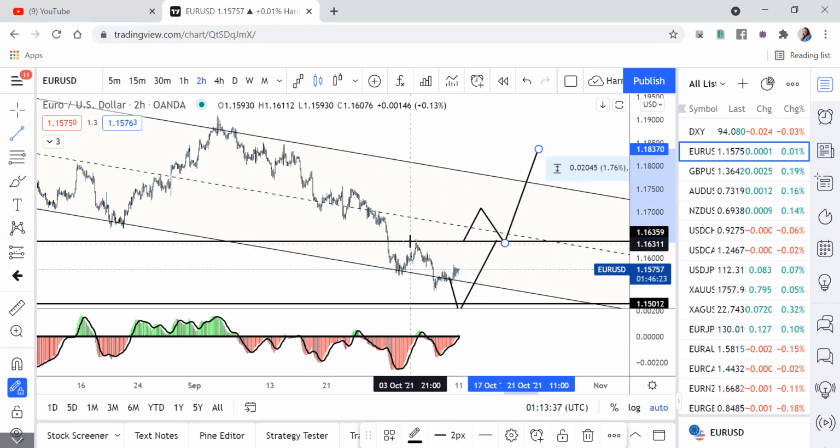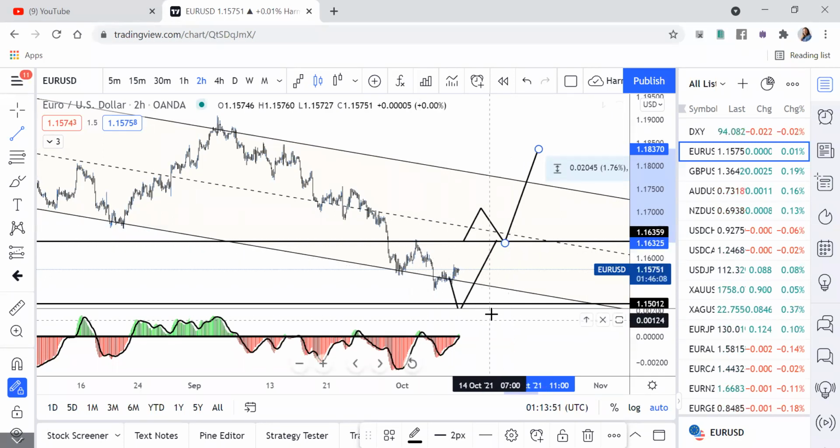So if I'm looking to get into EU for a buy, I'm not going to get into it until it breaks this current 1 hour structure, retests, and then I will look to get in for a buy. Until then, I'm gonna let EU do what it wants to do. Let it create another 1 hour structure.